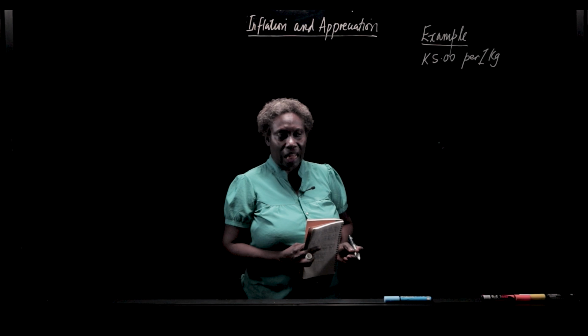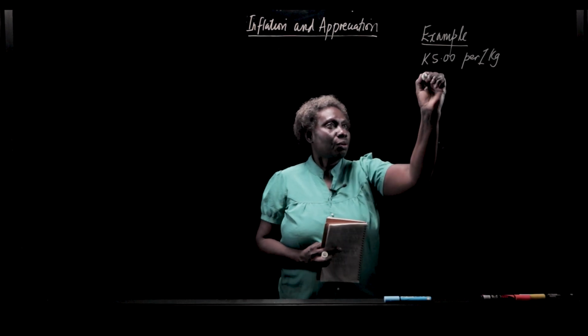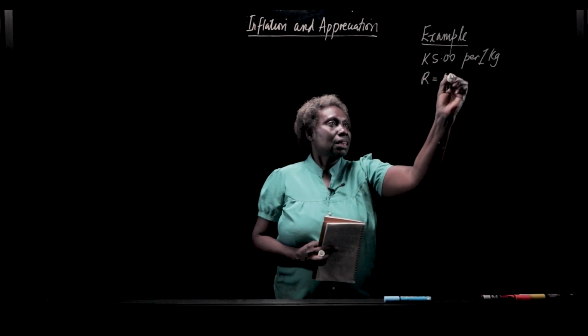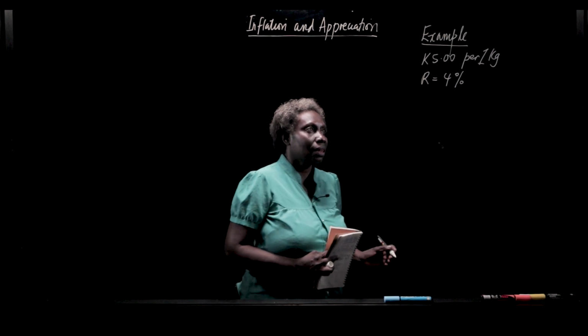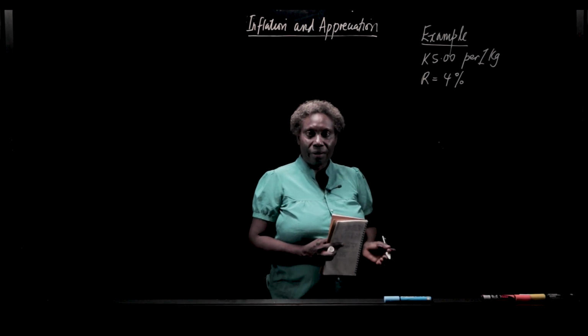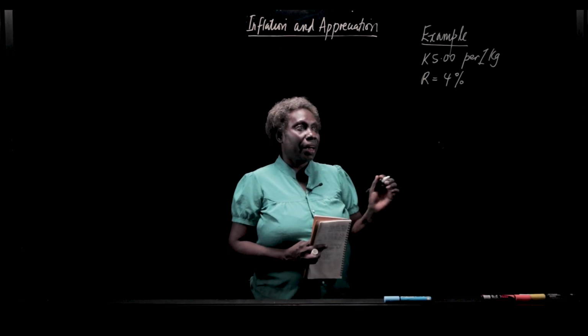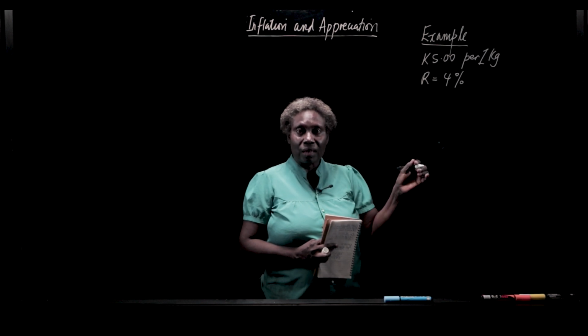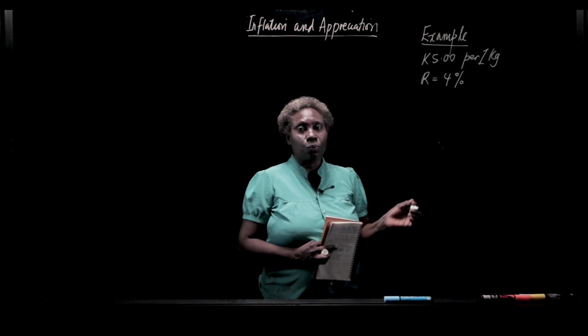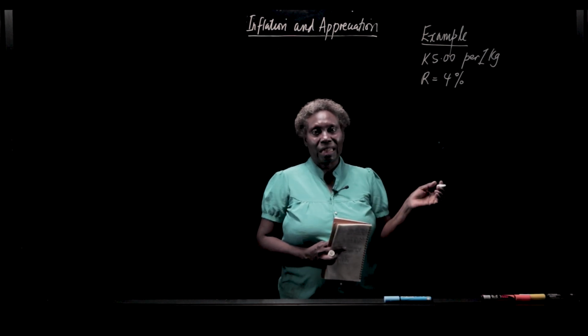The rate of inflation is 4% per year, and we want to find out, if it remains at 4%, what the price of rice would be in 3 years' time.